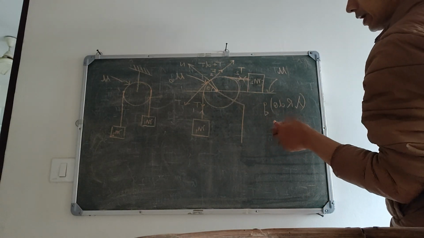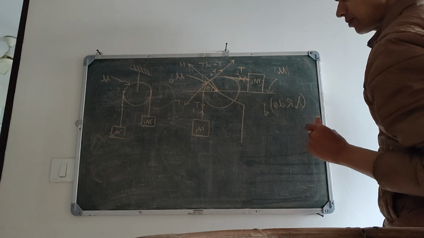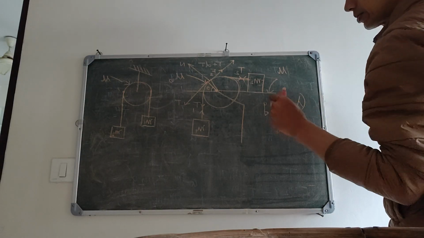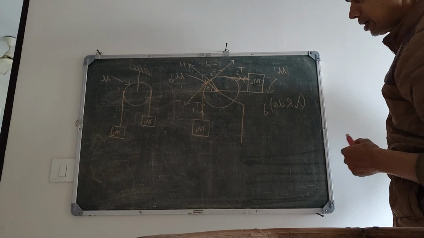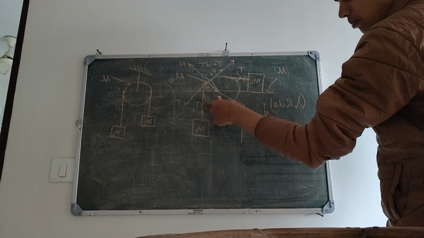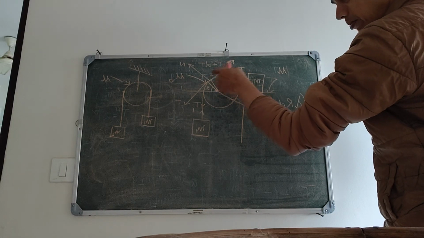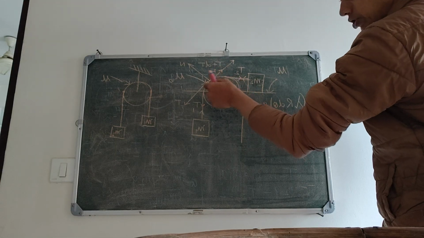At any point in time, what can the tension be? That is my first aim. The objective here is to get tension as a function of theta, or mu in relation with mu naught. So tension varies across the loop from T1 to T2. At any position, tension is taken as T and T plus dT.